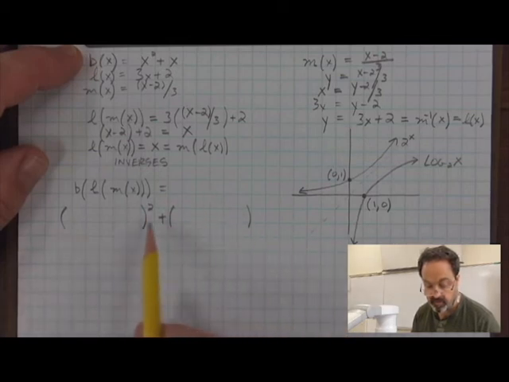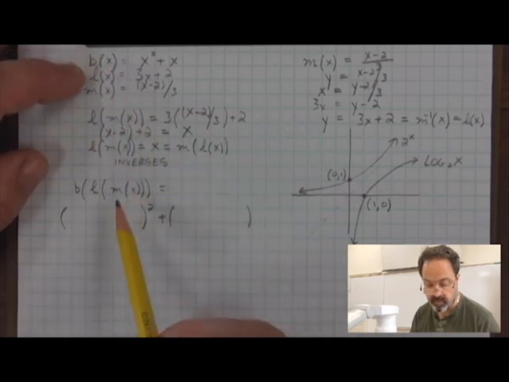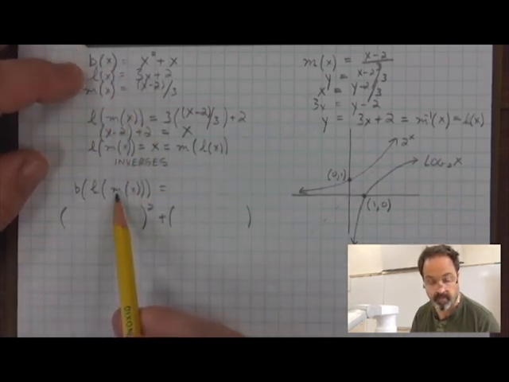This here is the structure of the b function, but instead of x, large spaces to put the new input. And what is the input of the b function? It's L composed with m.